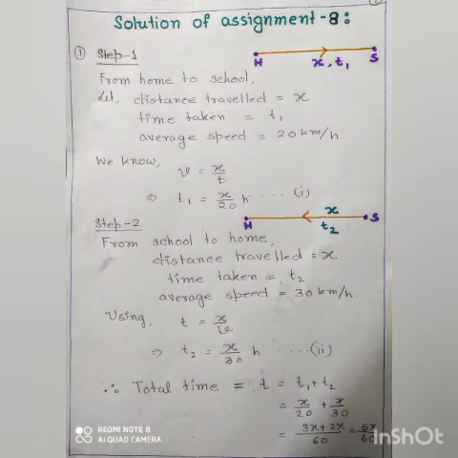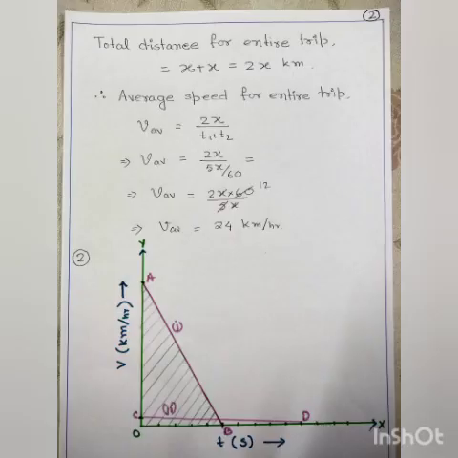And total distance for the entire trip will be x plus x, that is 2x kilometer. We know the average speed for the entire trip will be total distance traveled by total time. And what is the total distance here? 2x, and total time t1 plus t2. Just substitute these values, what will we get? V average will be 24 km per hour.